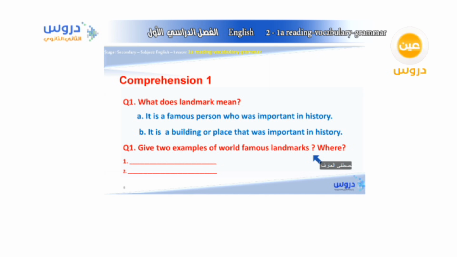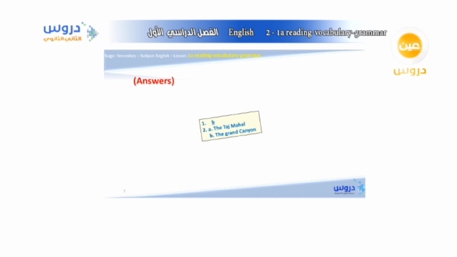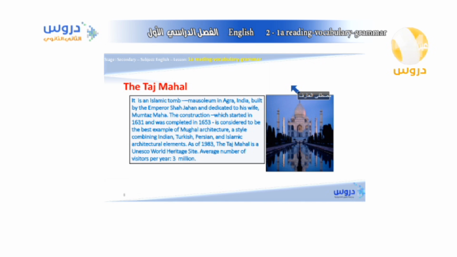Can you tell me two famous landmarks in the world? Okay, so we said Taj Mahal and Eiffel Tower. That's very good. So it's B. It's not a person, it's a place. And one famous landmark which is in India, which is Taj Mahal, and also the Grand Canyon, which is in the US.